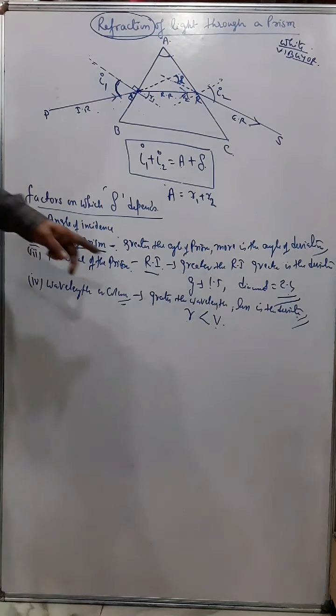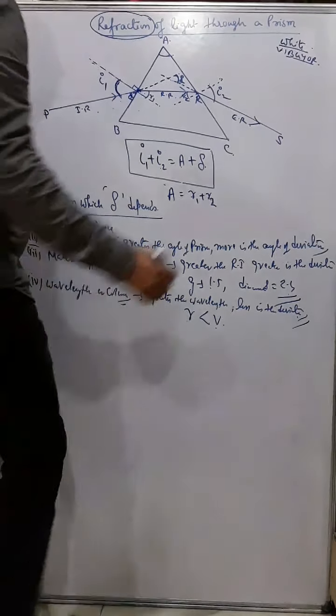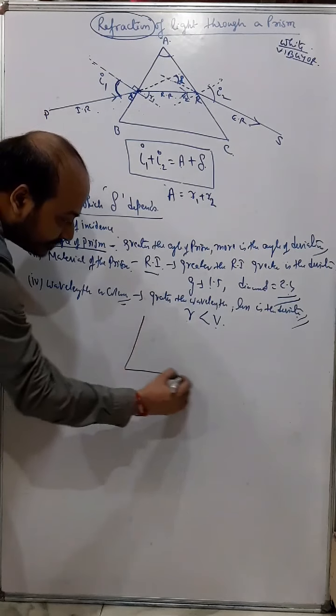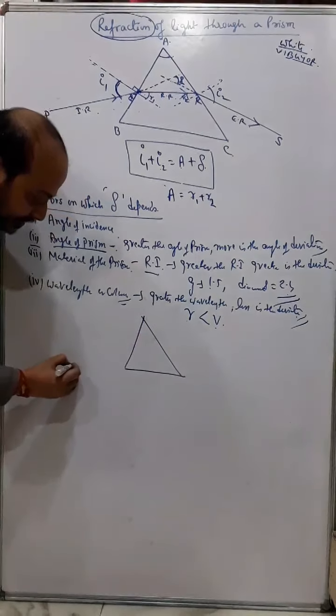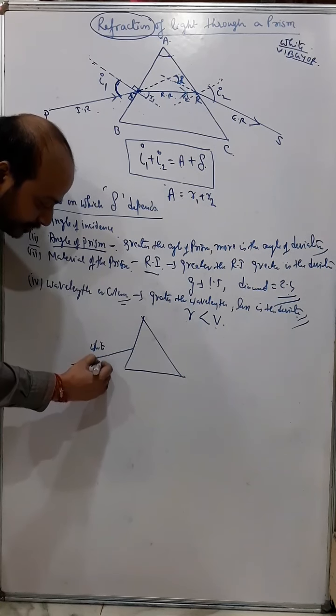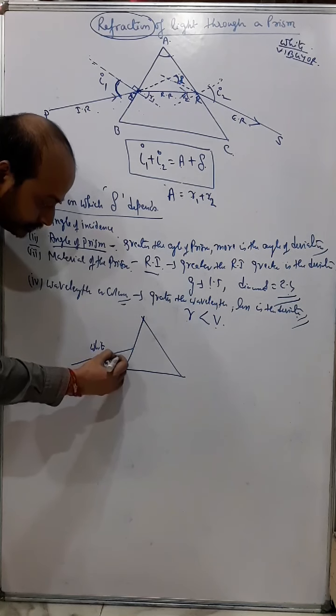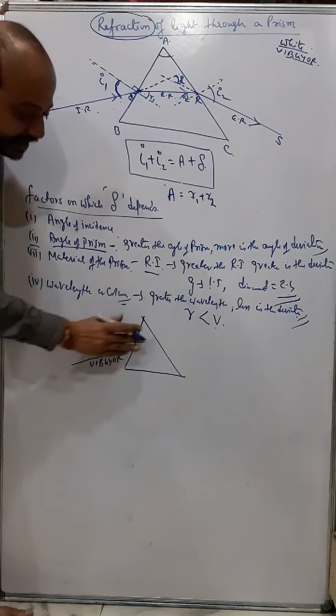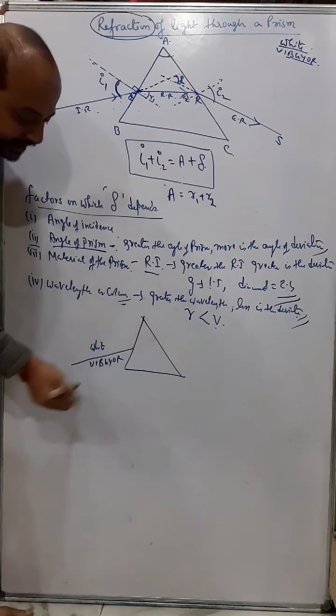And just now I told you about dispersion. You can understand what happens in dispersion: if this is the prism and this is the white light, which consists of VIBGYOR, then out of these 7 colors, all of them will deviate or split at different angles.